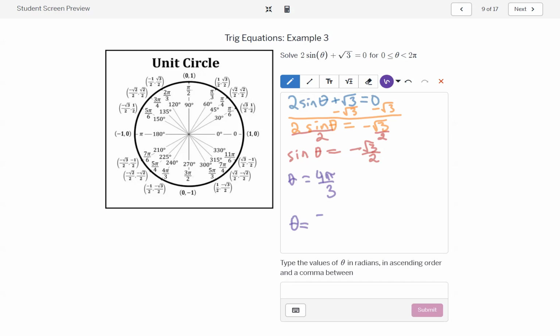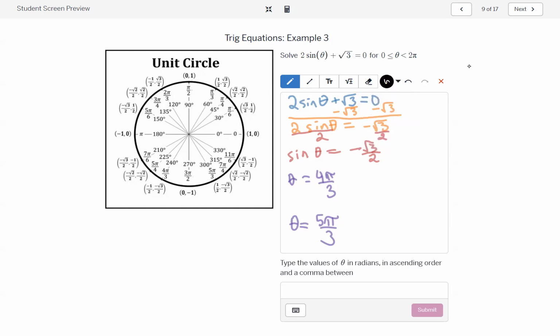Yep, 5 pi over 3. If we think about our All Students Take Calculus, sine's positive in quadrant 1 and quadrant 2. We're looking for a negative, so we can shortcut and just look in quadrant 3 and 4. And once we find one of them, just go look at the multiples with that denominator. So 4 pi over 3, check 5 pi over 3. 2 pi over 3 was positive, pi over 3 was positive. So yeah, 4 pi over 3 and 5 pi over 3.